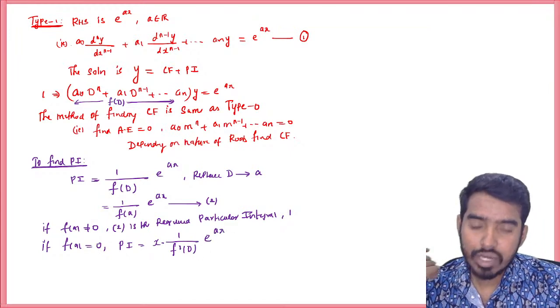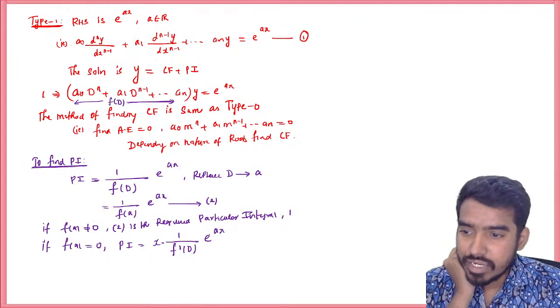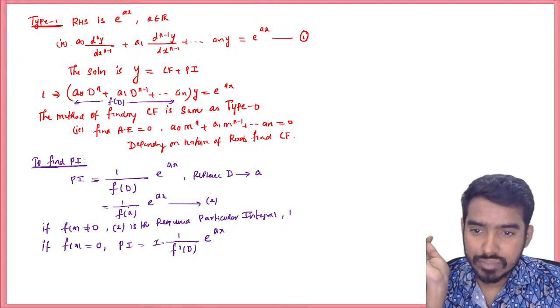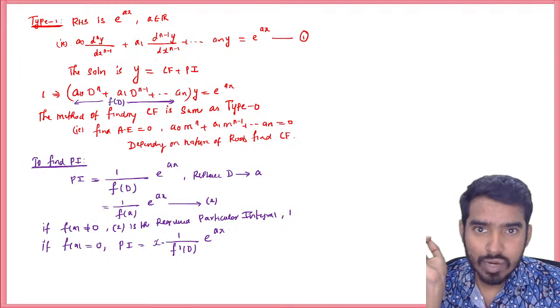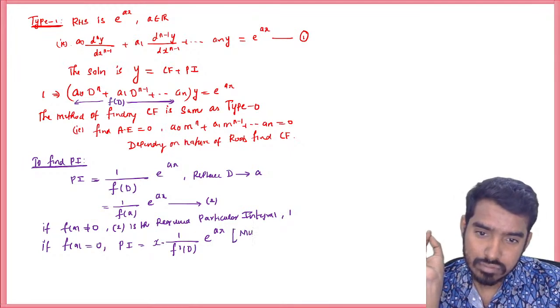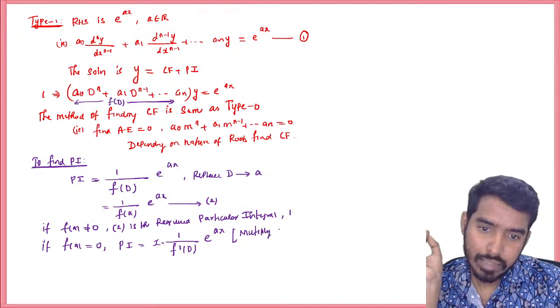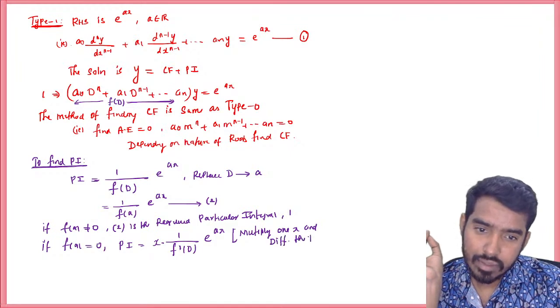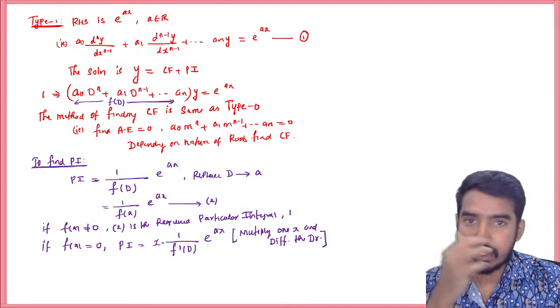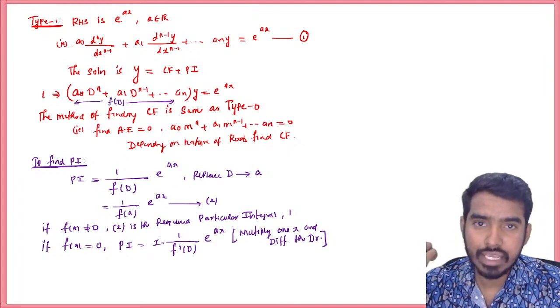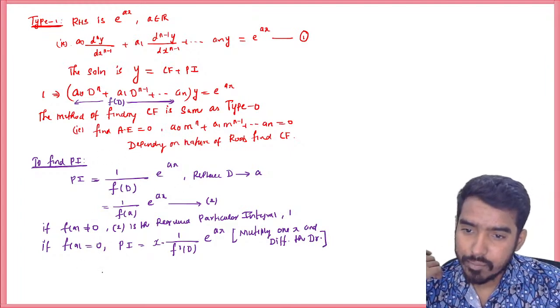What you have to do, if the denominator is 0, is multiply by x and differentiate the denominator. This is your denominator, f of d.